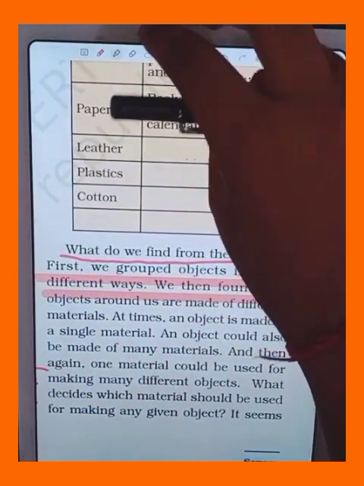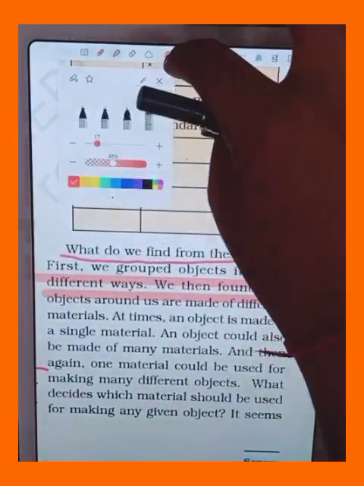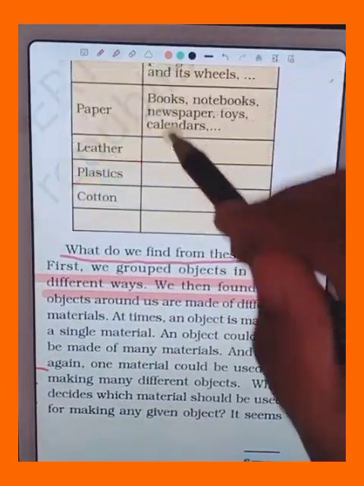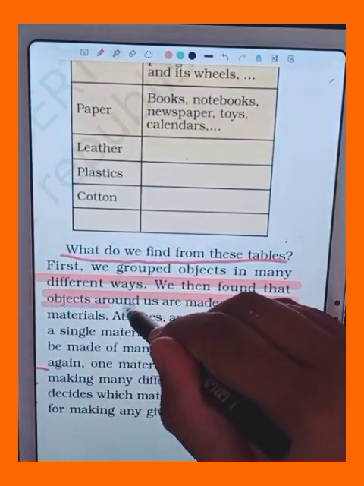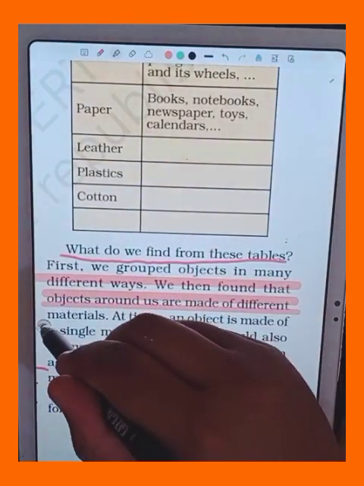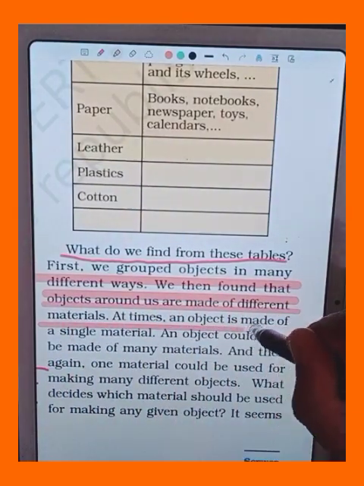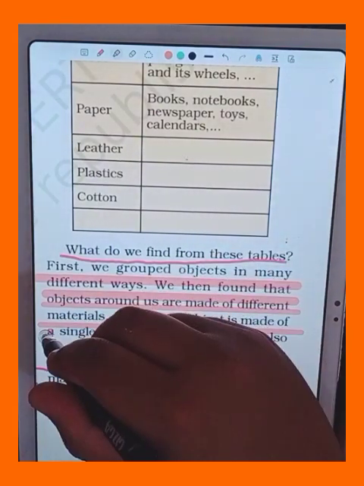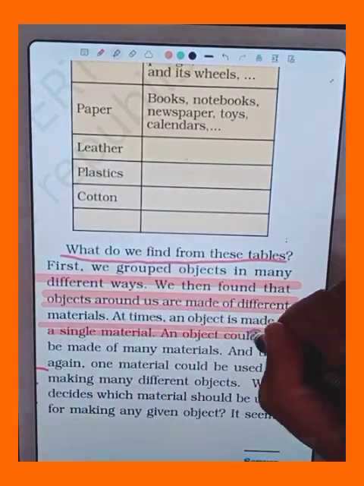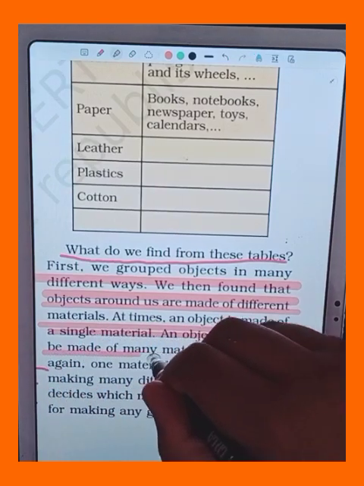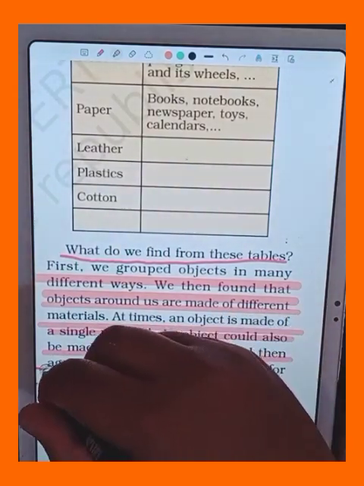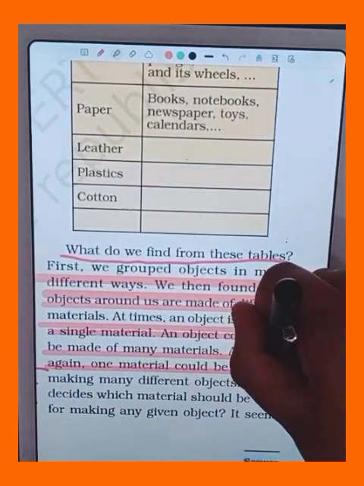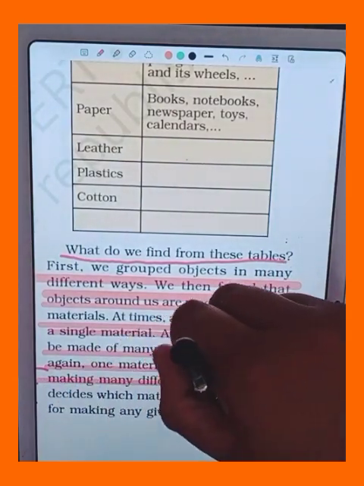We then found that objects around us are made of different materials. At times, an object is made of a single material. An object could also be made of many materials, and then again one material could be used for making many different objects.